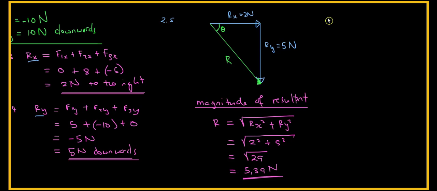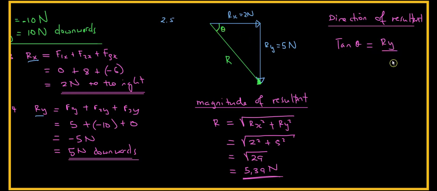So for the direction of the resultant, I'll use tan theta. My opposite side is the Ry here. So Ry is opposite to the angle, Rx is adjacent to the angle.